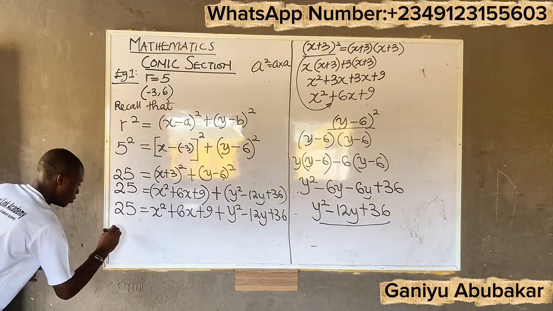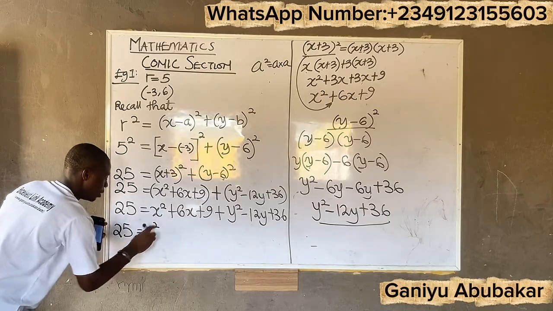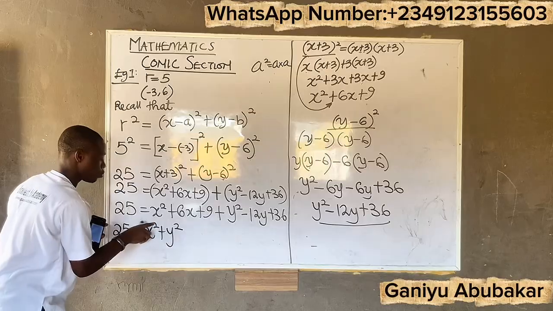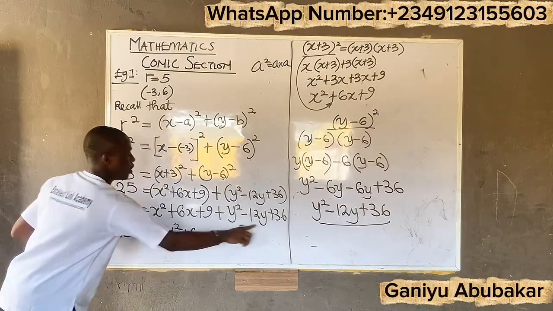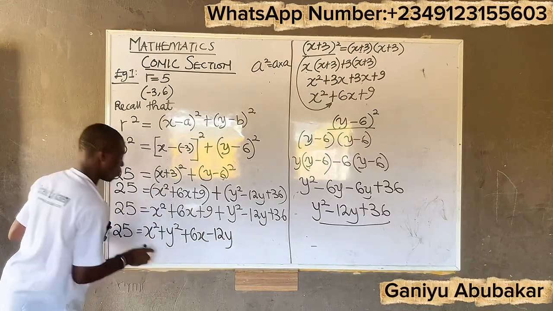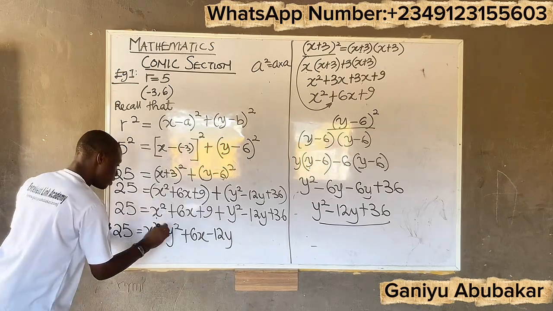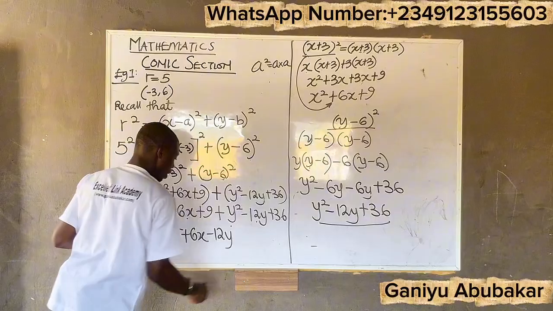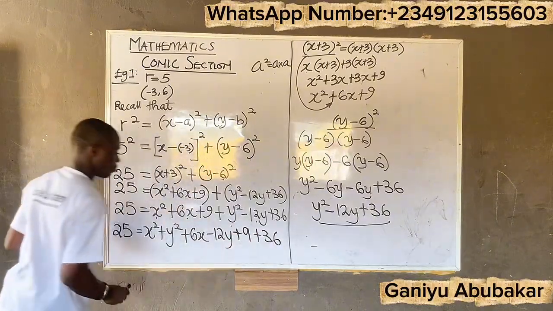So it means I'll have 25 equal to, let's start with x squared, then plus y squared, then plus 6x, then minus 12y. So I'm taking x and y, I'll pick this, this and this. What's left? 9 and 36. So that gives you plus 9 plus 36.